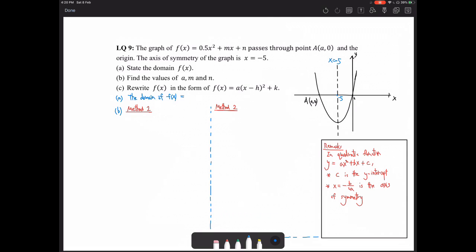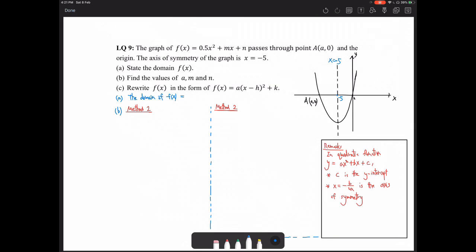So first, what is domain? Domain simply means the set of all possible values of x. Okay, so let's look at the function f of x equals 0.5 times x squared plus mx plus n. Now let's think. What is the restriction on x?